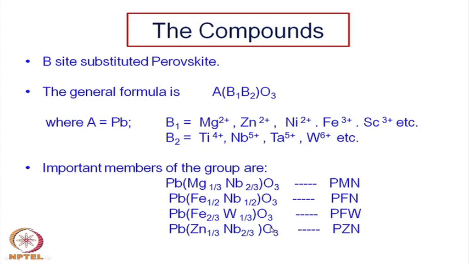Okay. So, that is also possible. Of course, the ratio will be different to satisfy the charge neutrality. And then lead zinc niobate is also another member. So, all these compounds are actually Relaxor Ferroelectrics and have the 4 different characteristics which we have mentioned earlier.